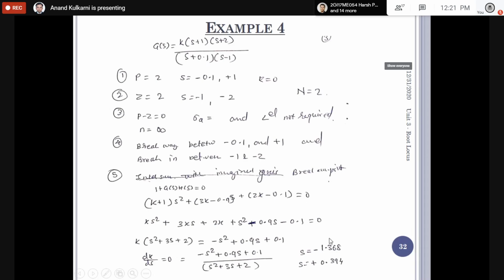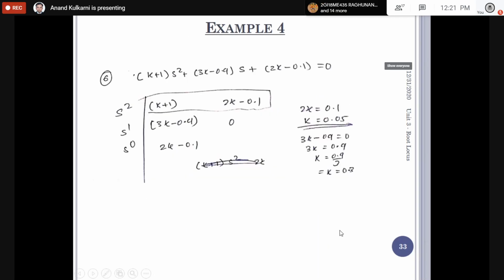So minus 1.368 is the break-in point because it falls between minus 1 and minus 2. Whereas between plus 1 and minus 0.1, you get one breakaway point, which is 0.394. So the top one is a break-in point, and the bottom one is a breakaway point.